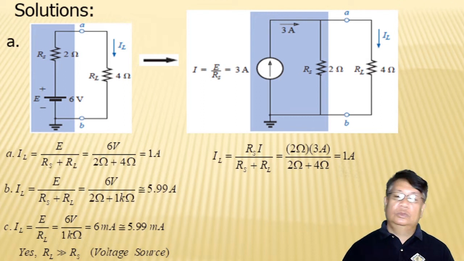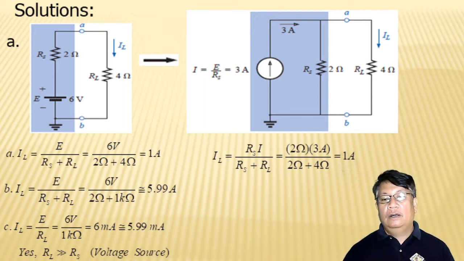By using Ohm's law, now according to the problem letter C, your I sub L is equal to the voltage divided by R sub L. Then we assume that our circuit is ideal, so therefore no internal resistance.